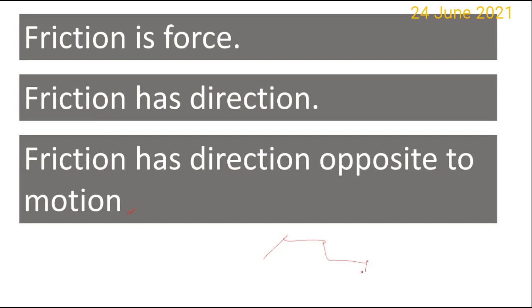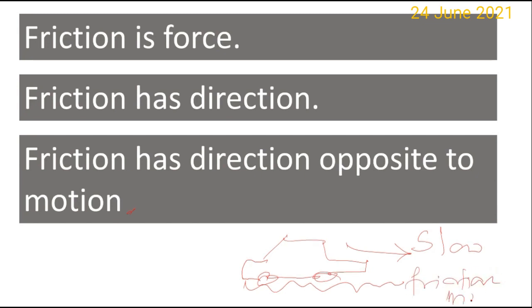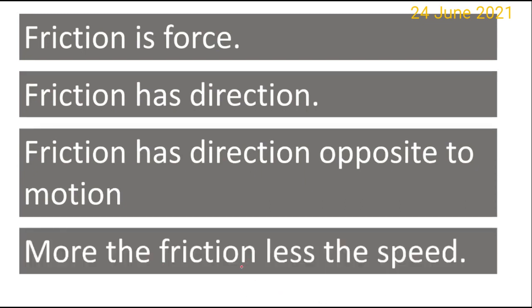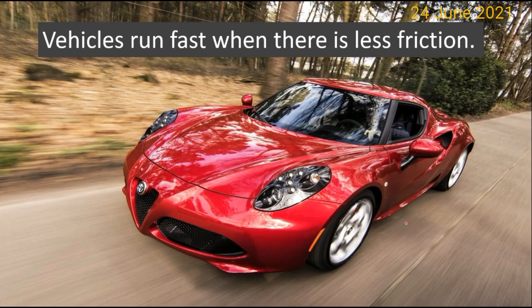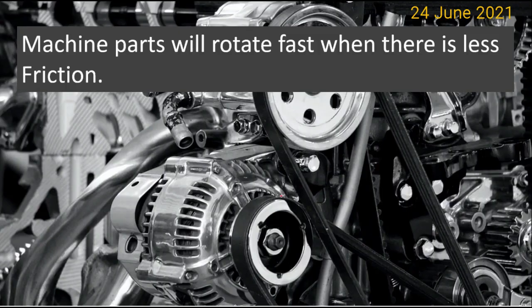If a car goes on a rough road, then it cannot move faster. It will be very slow because there is more friction. Right? So the last point is this. A vehicle runs fast when there is less friction. Machine parts rotate faster when there is less friction.